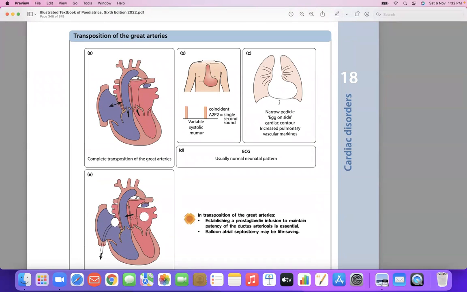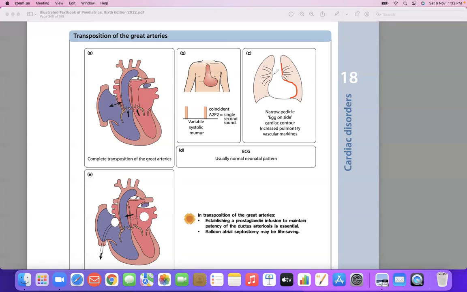Next, you see the chest X-ray, very important here. Egg on side appearance. This is the egg on side appearance of the chest X-ray. Narrow pedicle. Normally the aorta rises from here, but it is not rising, so you are getting a narrow pedicle here.